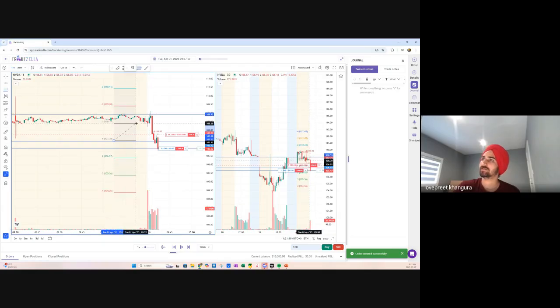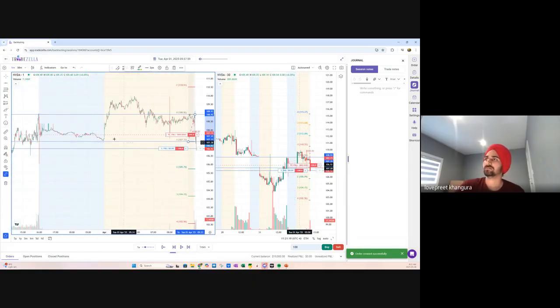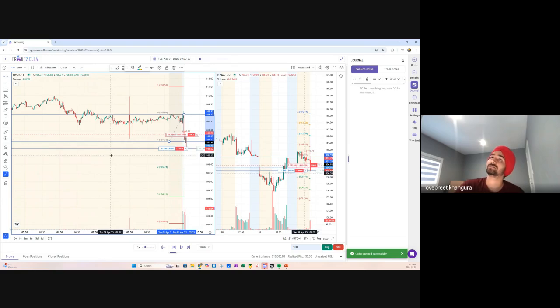This is the same Fibonacci tool just to have the idea of the target, because target for range breakouts is generally at the same distance as it is in the range. As the price has been in the range, the same distance it goes for the target.